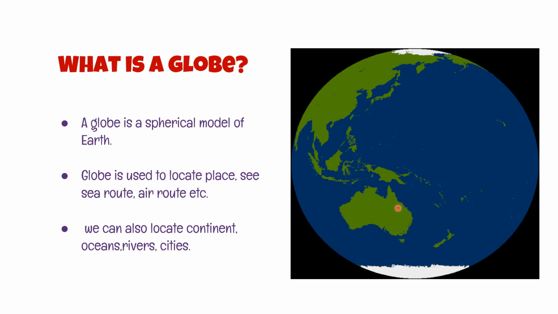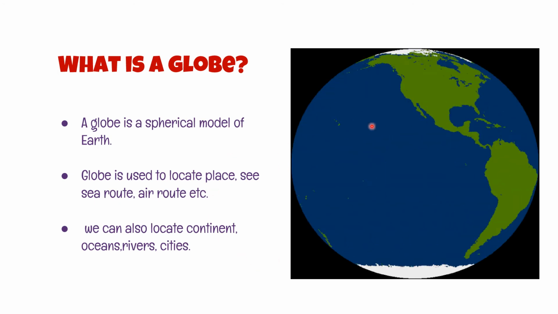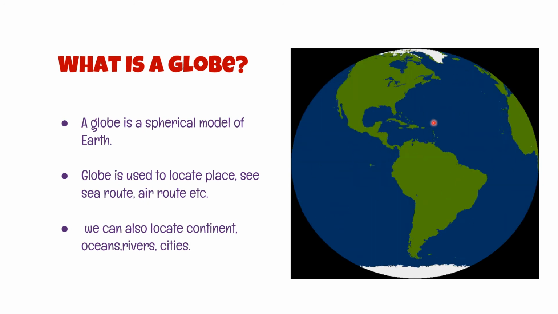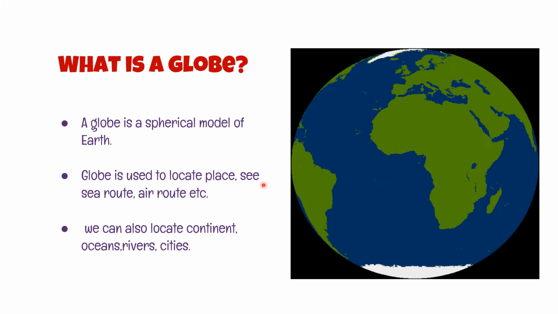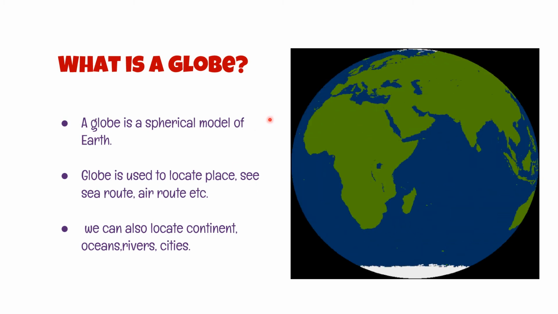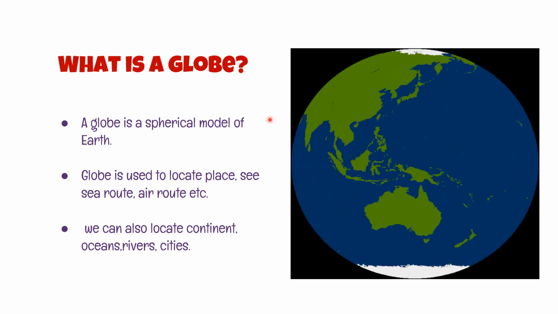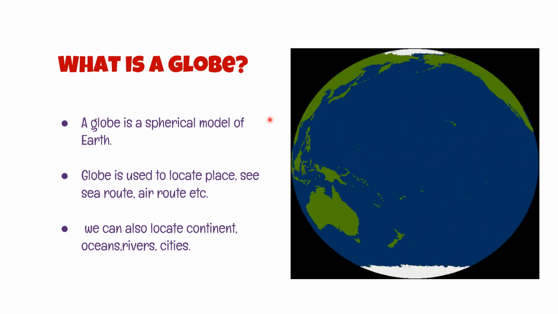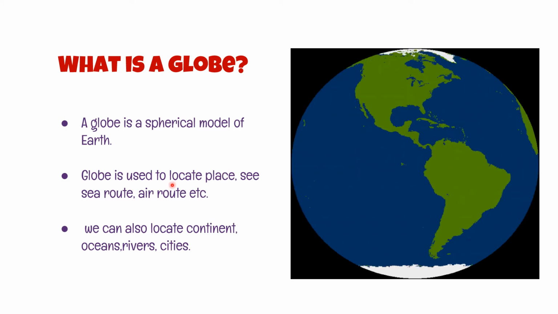Next, we will see about the globe. As you see in this picture, the Earth is rotating itself. A globe is a model of the Earth. All the continents that you can find on Earth, you can find on the globe.